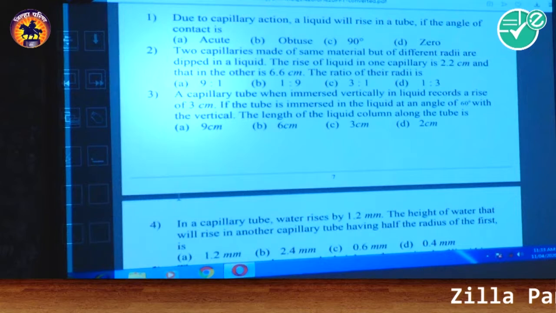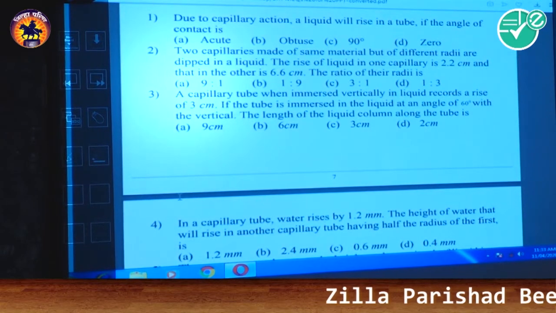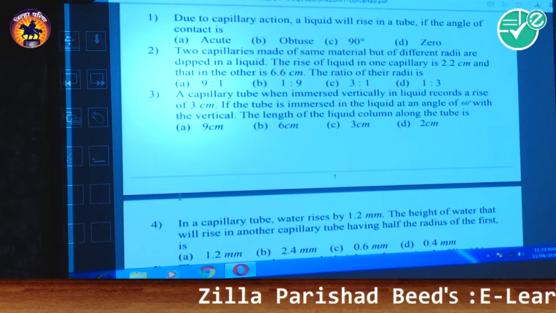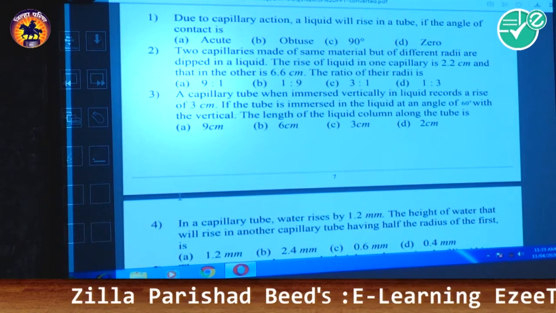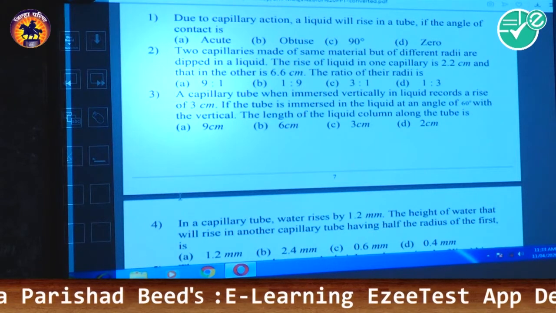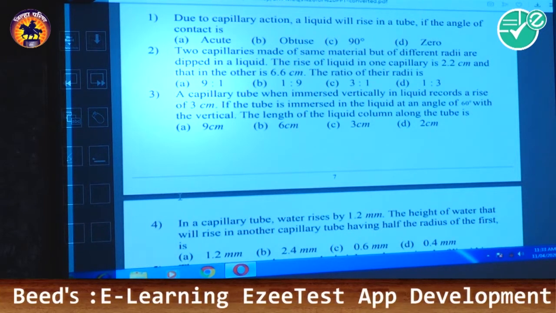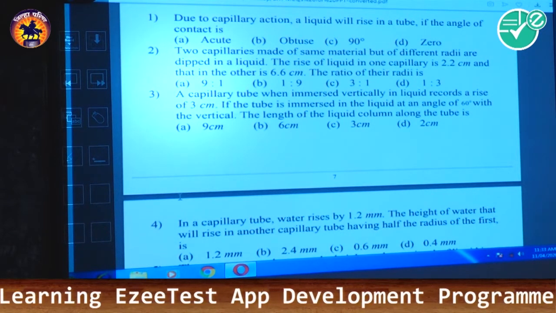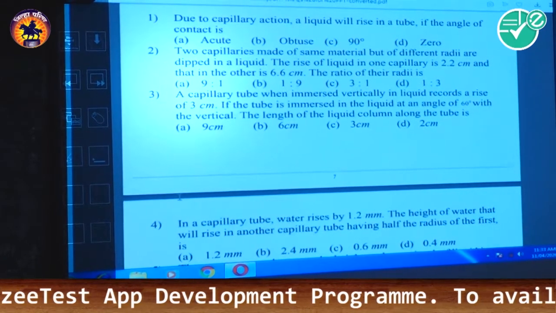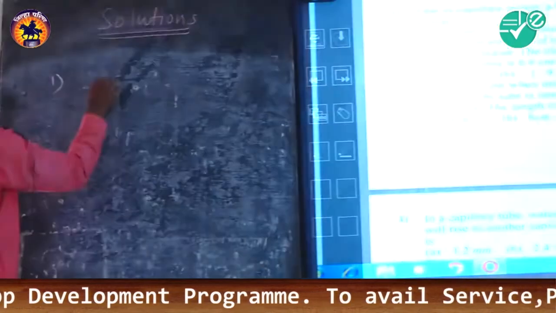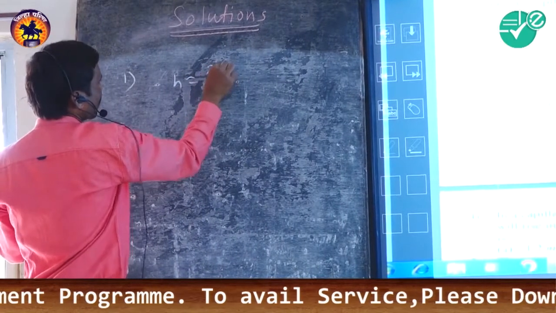Due to capillary action, liquid will rise in a tube if the angle of contact is. We know the liquid which wets the solid completely rises inside that tube. Or in other words, the rise of the liquid is given by this formula.